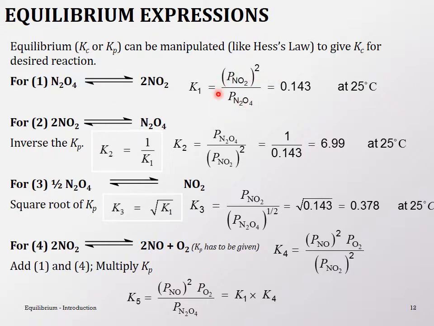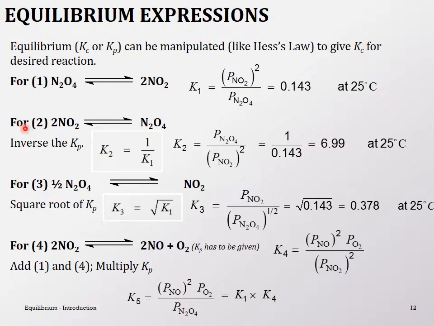The K1 for this reaction is given to us as 0.143. It's at 25 degrees Celsius, and I would ignore the temperature for now because all the temperatures are the same. That's a key thing. Yes, it's important to have the same temperature because you can change the equilibrium constant, but that is for later. So right now, let's just focus on the K1 here, which is 0.143.